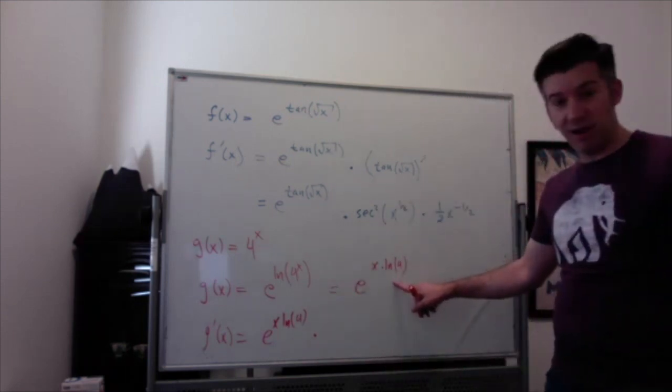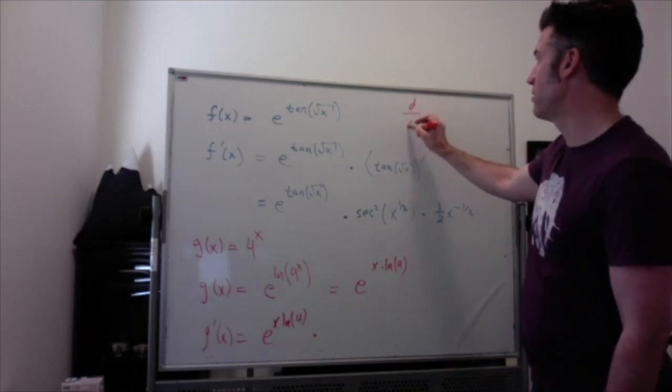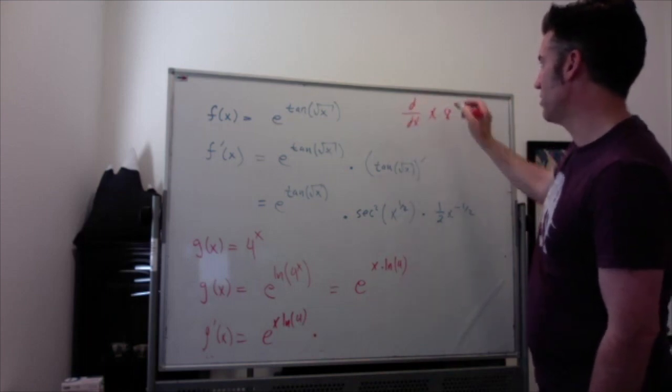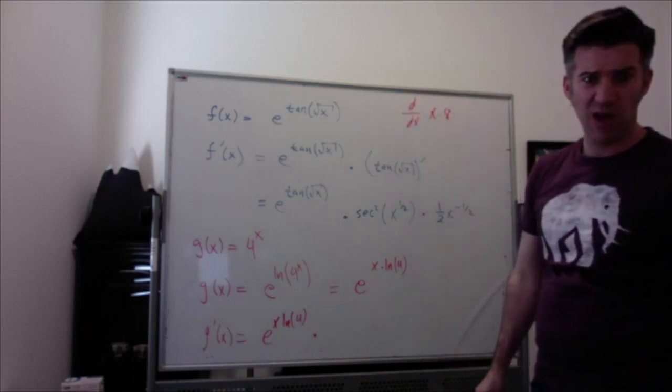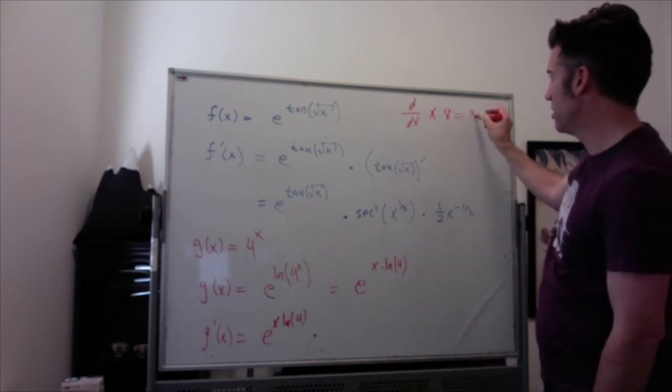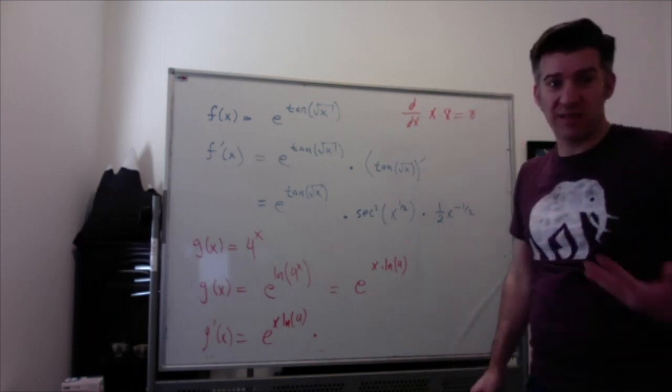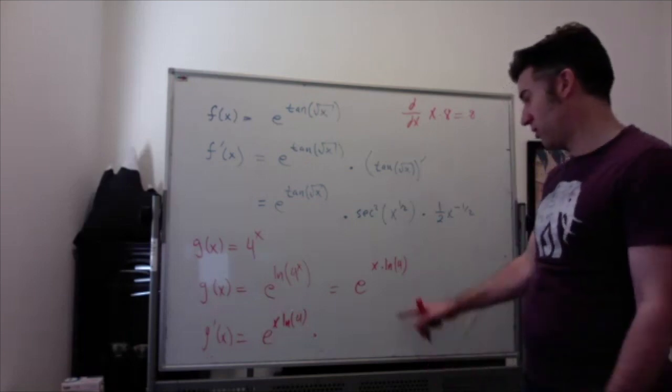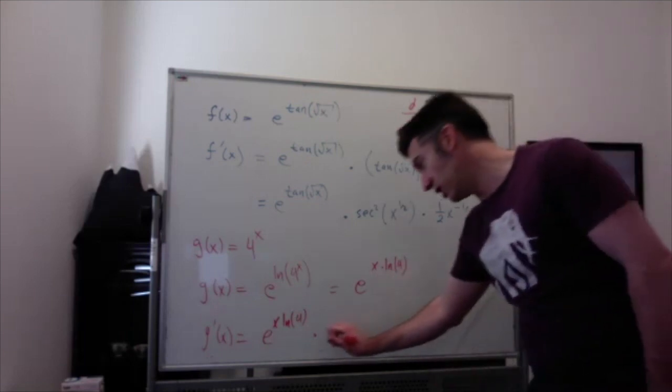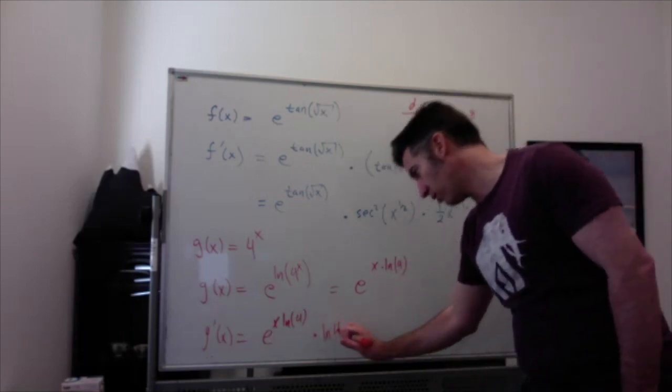So that's a constant. And the derivative of x times a constant, what's the derivative of 8x? Oh, that's just 8. The derivative of x times a constant is just the constant. So the derivative of x times natural log of 4 is just natural log of 4.